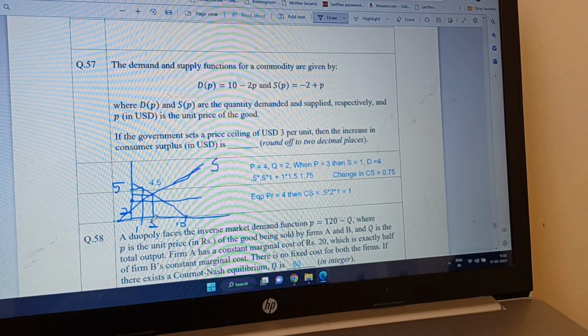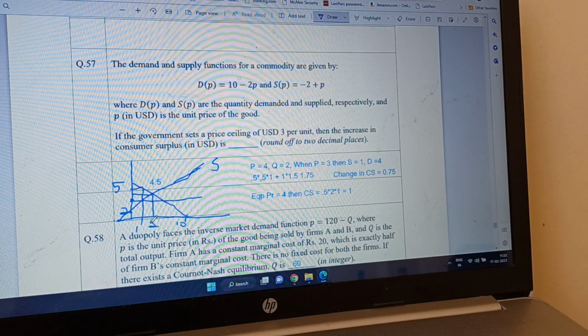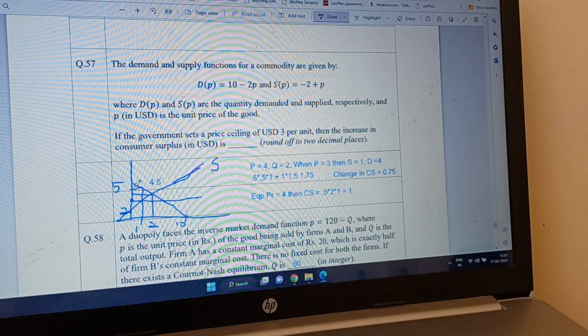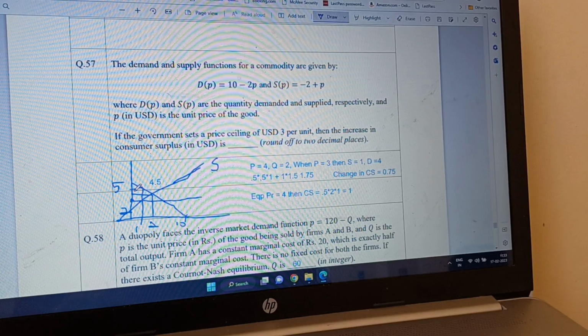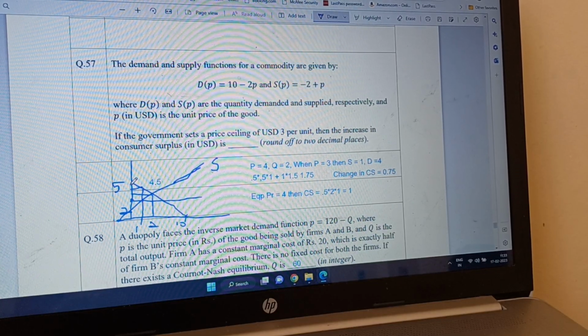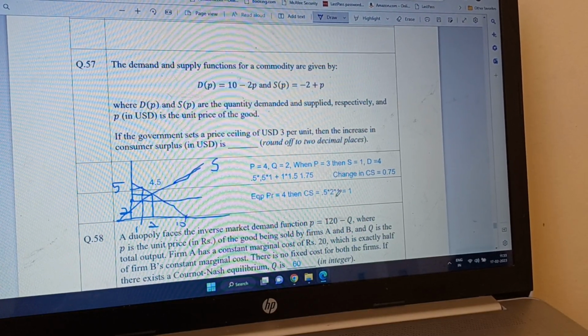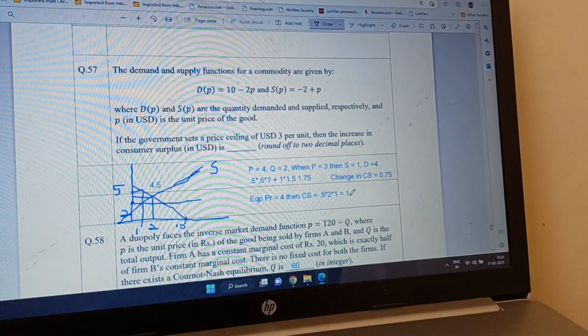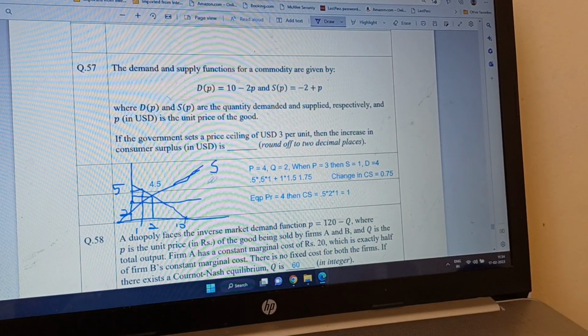Quantity demanded is 2, and the surplus is half of this area: half times base, which is 2, and height, which is 4 to 5, that is 1. So consumer surplus is 0.5 times 2 times 1, which is equal to 1. So at equilibrium, the consumer surplus is 1.